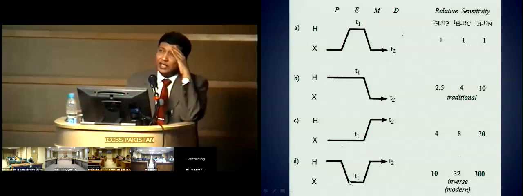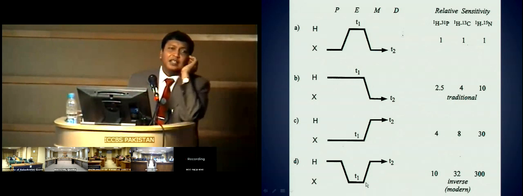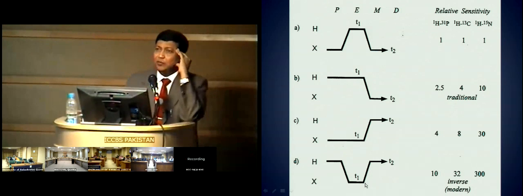Now you give a 90 pulse to carbon, and that carbon comes onto the XY plane, right? You let it evolve until they become antiphase, right? And then you give a spin inversion pulse on carbon.